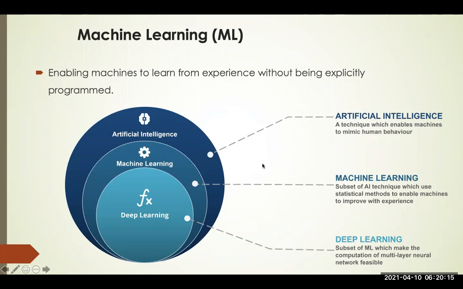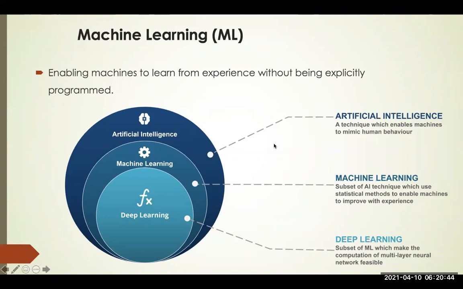I put other things there like AI, artificial intelligence, and deep learning, but my focus is on machine learning here because they are all interconnected. Machine learning is a subset of AI and deep learning is a subset of machine learning, but let's focus on machine learning. Like we said, it's a subset of AI. It uses statistical methods to enable machines to learn and improve from experience. By experience, remember, we mean data.